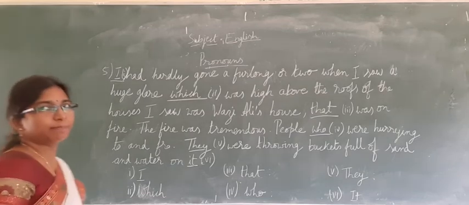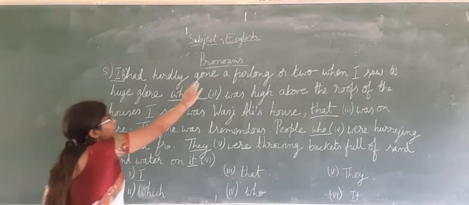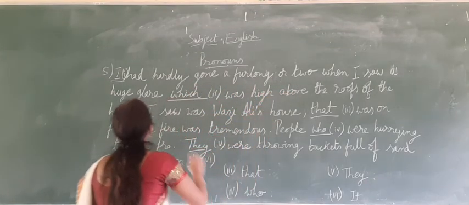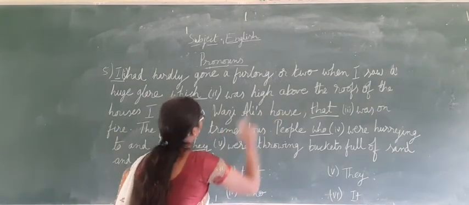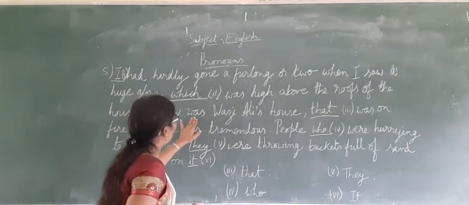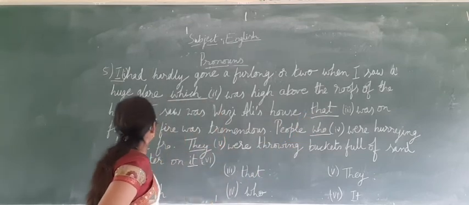So the next example goes as this. I had hardly gone a furlong or two when I saw a huge glare which was high above the roofs of the houses. What I saw was Wazir Ali's house that was on fire.